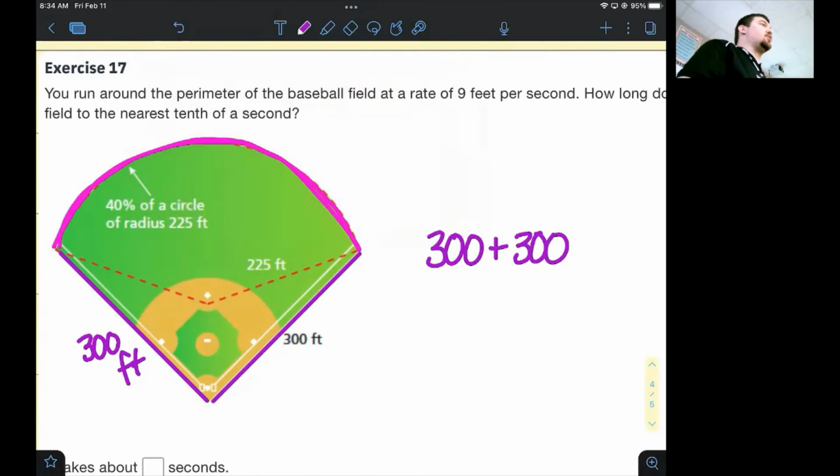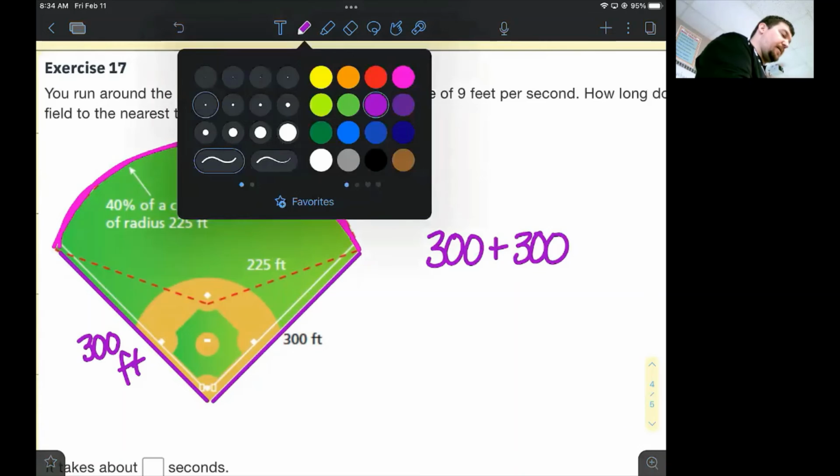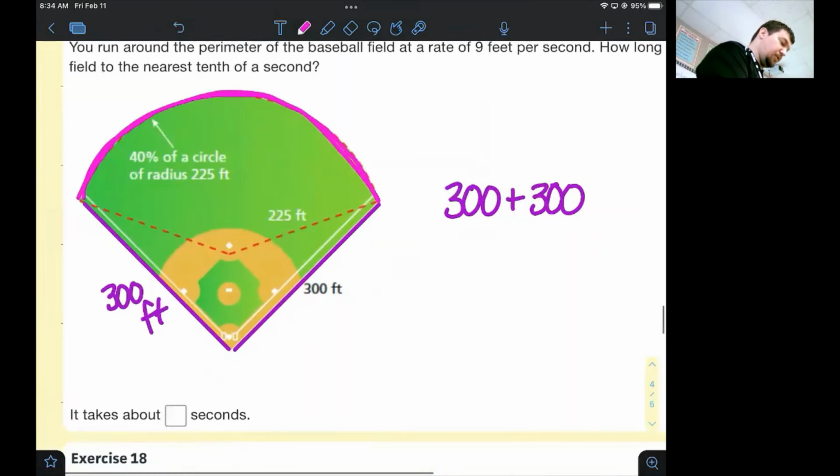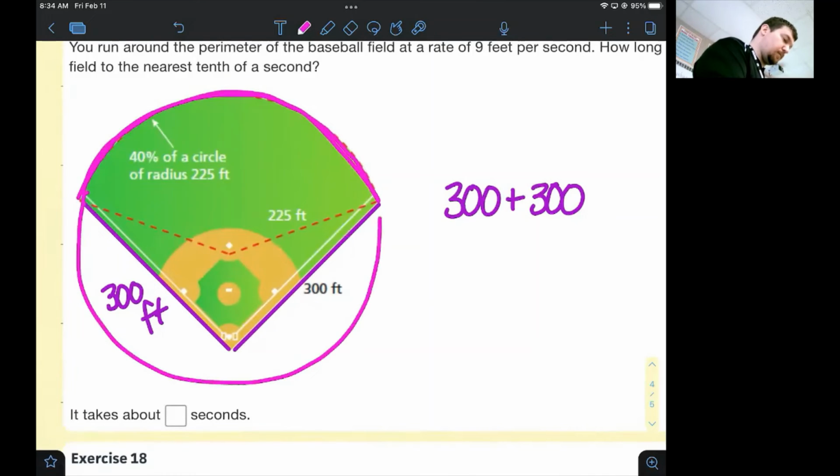Now we need to find the curved side. Now, if this were a full circle, it would look like this. And the 225 feet they give us here is the radius of that circle. Our circumference formula doesn't use the radius though. Ella, what's our circumference formula to use? Pi times the diameter.